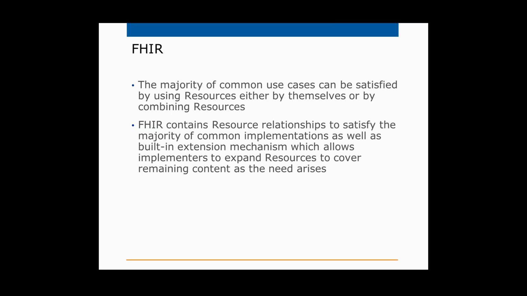So the idea with FHIR is you can use all the resources that come with FHIR out of the box, and if you find a particular relationship that those resources don't cover, or the mechanics of using those resources don't cover, you can create extensions within resources as long as you follow the right rules. You can create extensions to expand upon those resources to cover what you need to cover.